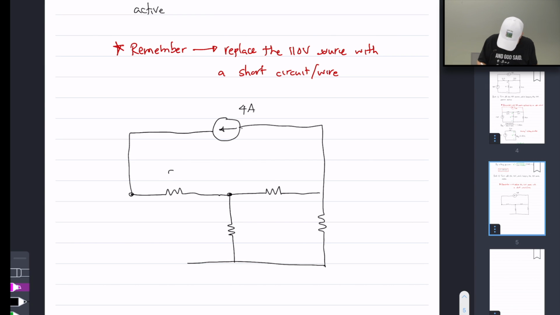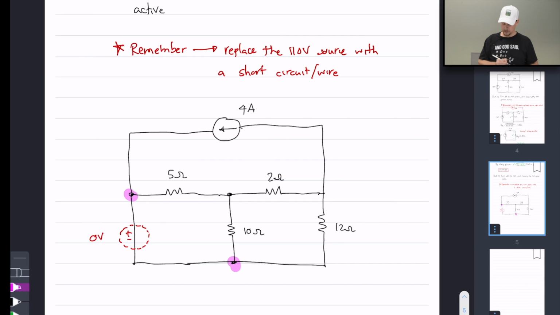This is a 5 ohm resistor, a 2 ohm, a 10 ohm resistor, and then lastly a 12 ohm resistor. Now, between this node and that node, we used to have a 110 volt source here. However, we have turned it off. That's one of the reasons why we're replacing it with a short circuit. So notice that I just have a straight wire there.